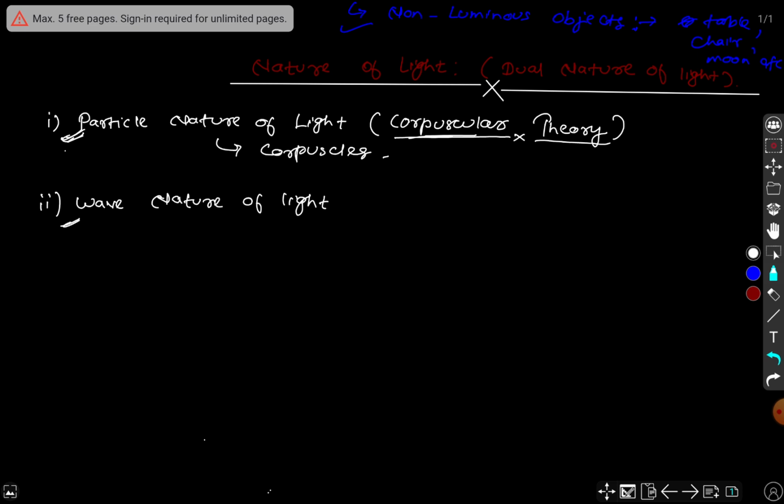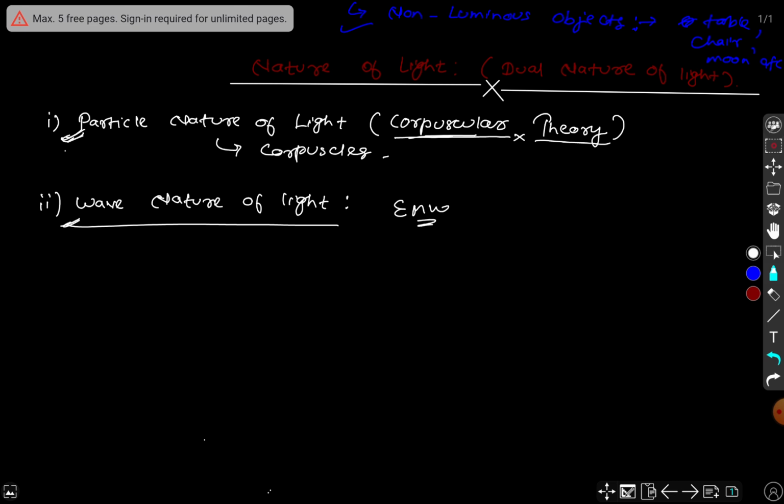In fact, light is made up of waves. He disproved the particle theory of light that was given by Sir Isaac Newton, and he called them electromagnetic waves.